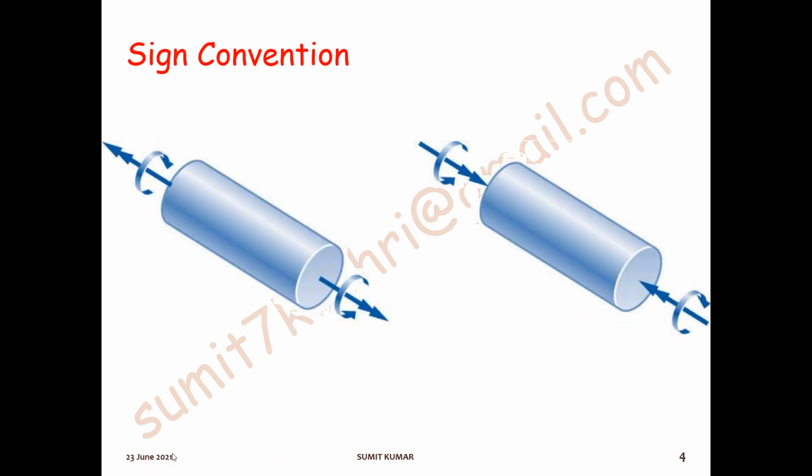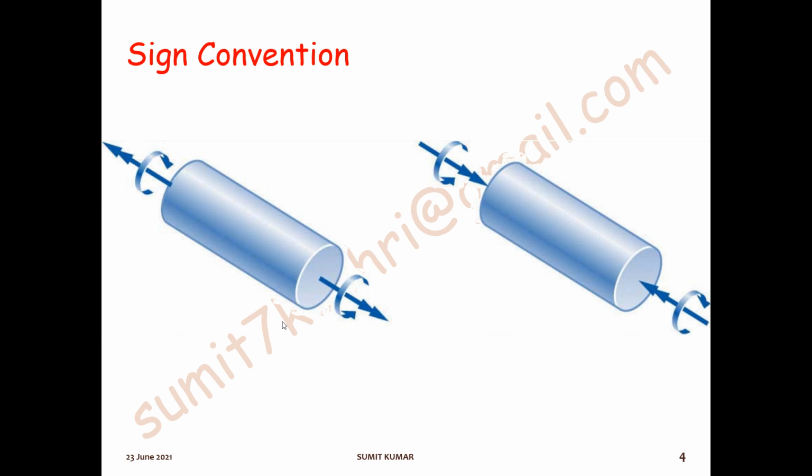As far as sign convention is concerned, there is no hard and fast rule that the outward moment you need to take as positive or negative. It's up to you. If you take the outward moment as positive, then use the same sign convention throughout the problem.